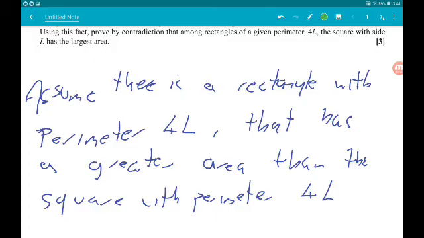If there is a rectangle with the same perimeter as the square but a greater area, that means there has to exist a square with the same area but a smaller perimeter. It's not allowed to be bigger.